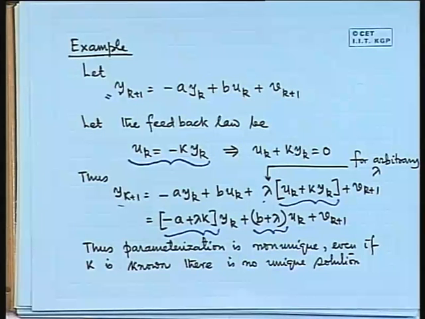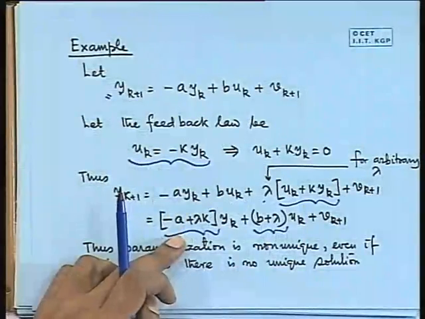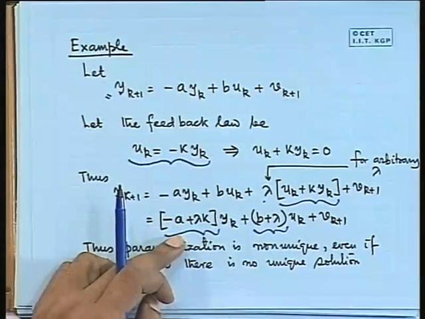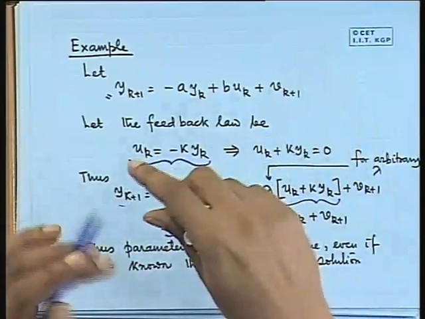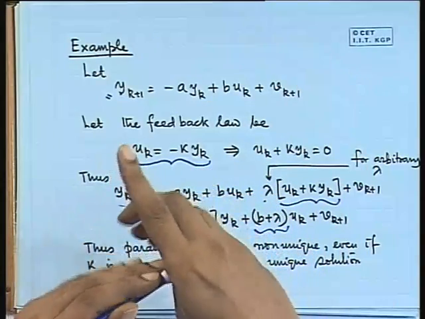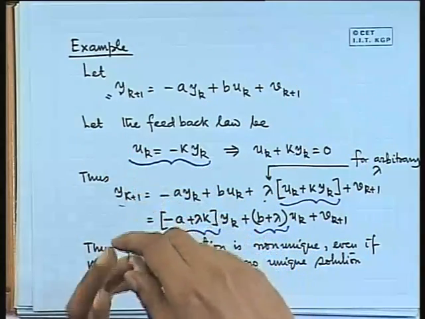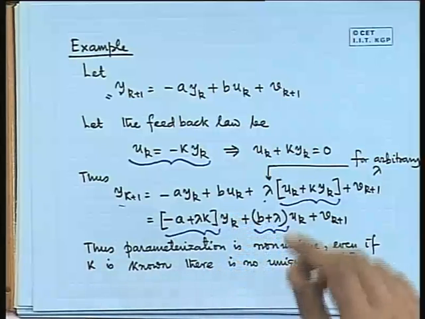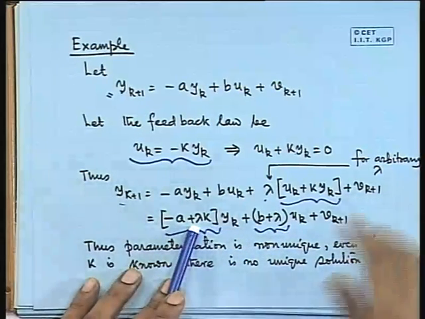And not only that, the worrying part is that even if you know K, even if you know the feedback law, you cannot solve it out because this lambda is arbitrary. You don't know what lambda is, it can be anything. So you will never get a unique answer. This is a typical case where there is multiple parameterization, I mean non-unique parameterization, in the presence of feedback. Now why does it happen?